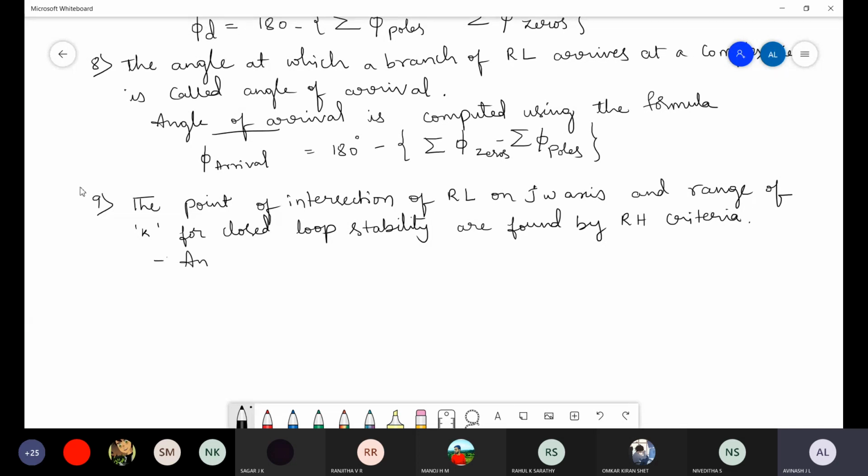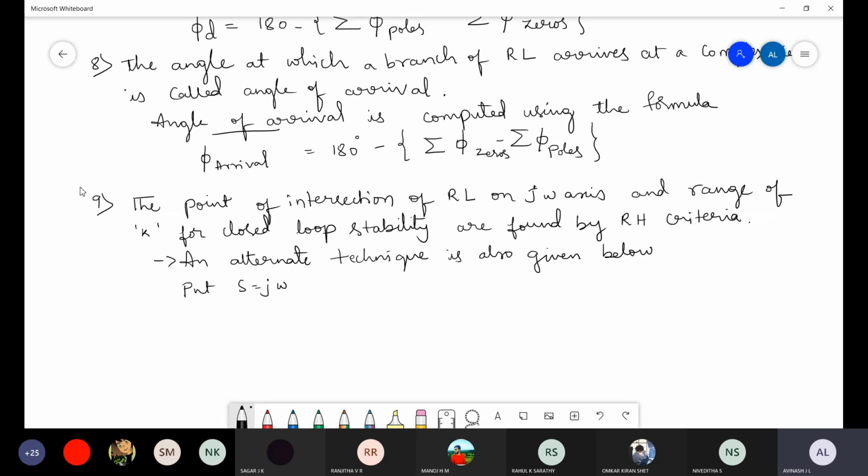An alternate technique is also given. So what is that alternative technique? Put s equal to j omega.